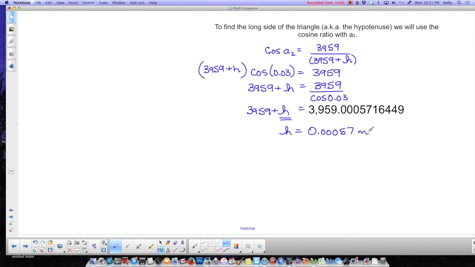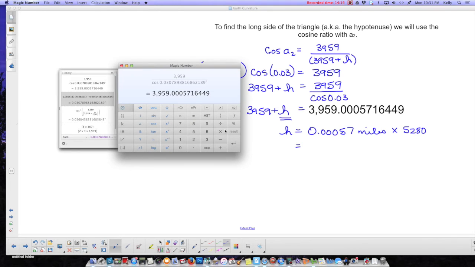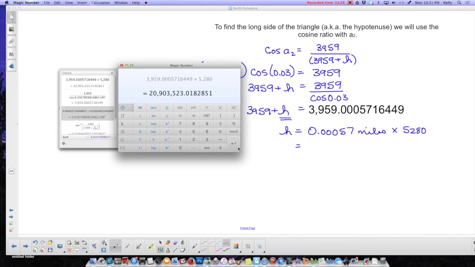Now since this is in miles, to change it to feet, I need to multiply by the number of feet in a mile, which is 5280. So I'm just going to take that answer that I had here and times it by 5280. And we'll get our grand total in feet.